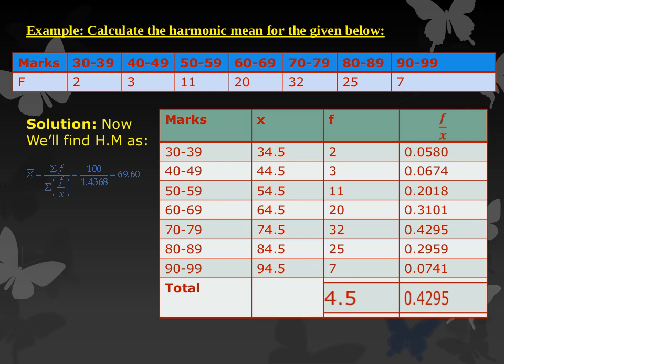So we have 599.5. Then we have the next, we have the frequency of 20 and the midpoint is 64.5. 20 times 64.5 is 1290. Then we have 32 times 74.5, which is 2384.